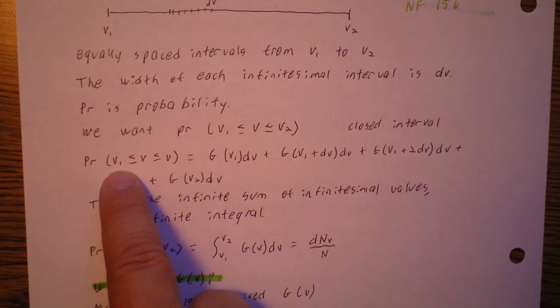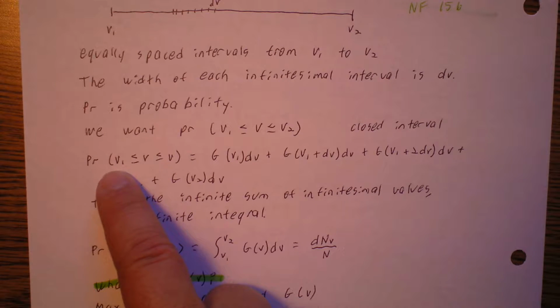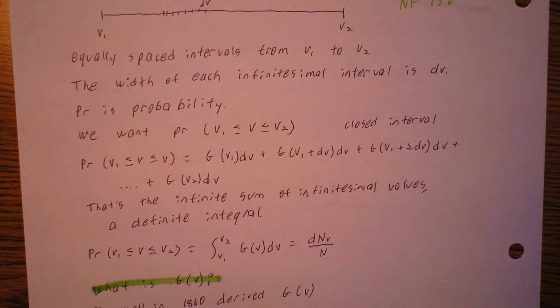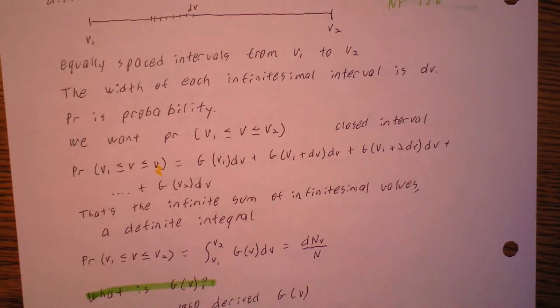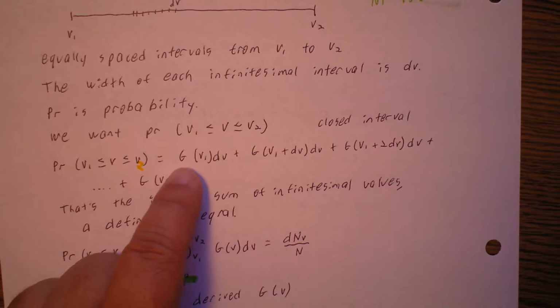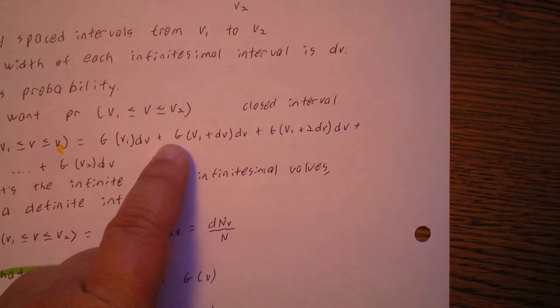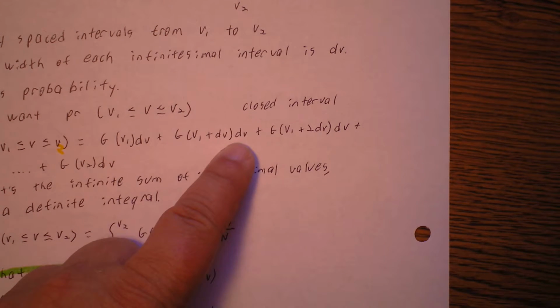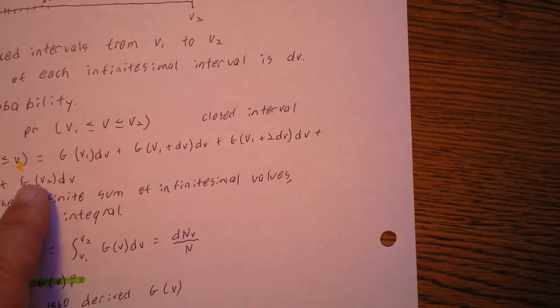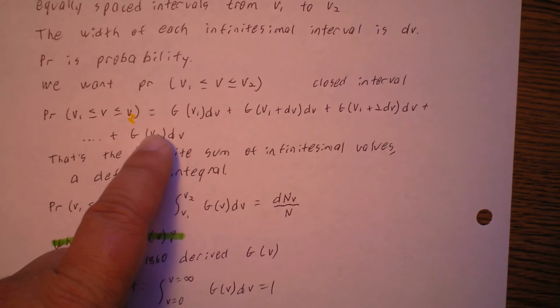So we have the probability that the speed is between v1, oh, that should be v2. Let me write a 2 here so I don't forget. Anyway, that's going to be equal to this function G of v1 dv plus G of v1 plus dv, plus G of v1 plus 2 dv, etc., all the way to G of v2 dv.